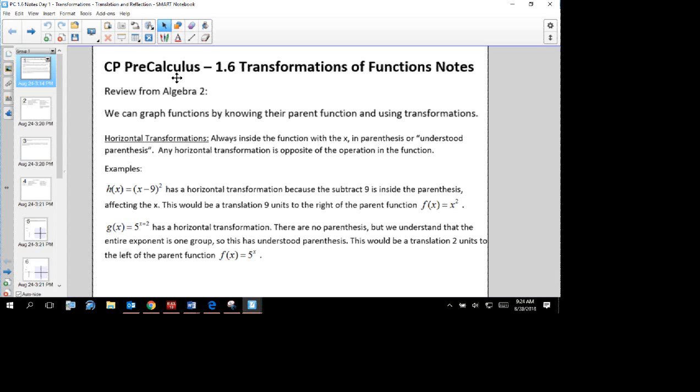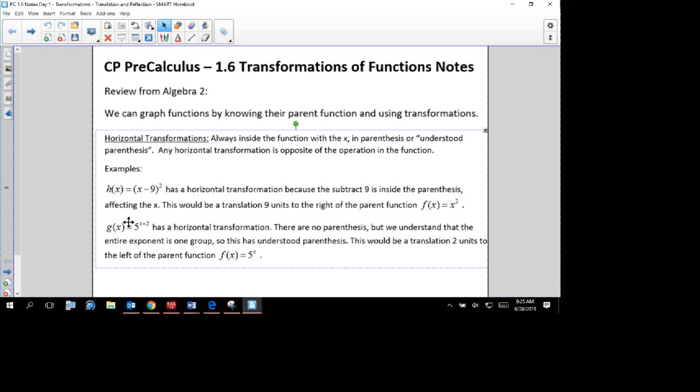So I have a bunch of examples and explanations about transformations. There's two main kinds of transformations. There's horizontal transformations, and there's vertical transformations. There's also rotational ones, but we don't do that. So I've given you a few examples of horizontal, and this is how I'm going to describe it.